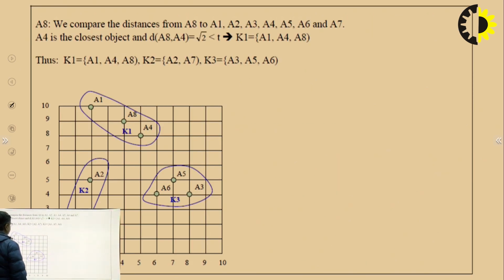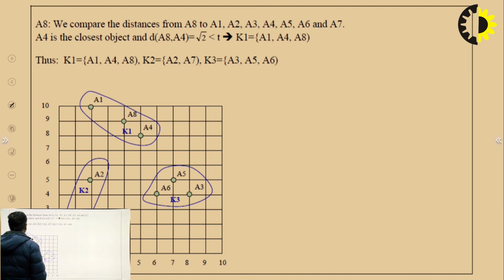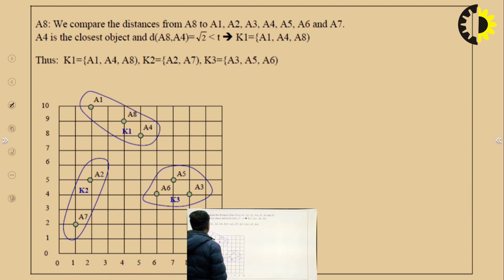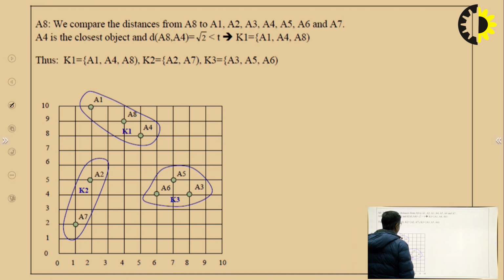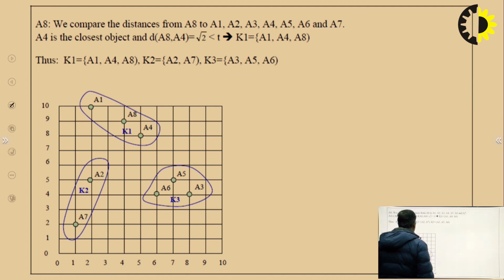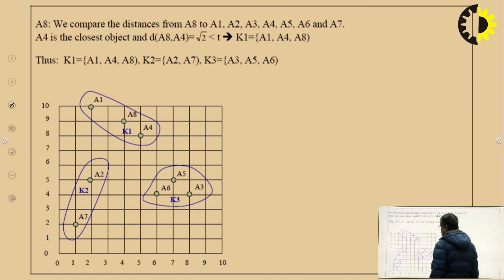So this is our final cluster configuration: cluster K1 containing points A1, A4, A8, cluster K2 containing points A2, A7, and cluster K3 containing points A3, A5, A6. If we draw these clusters in the Euclidean space, this is how our clusters will look. This is the final cluster configuration diagram.